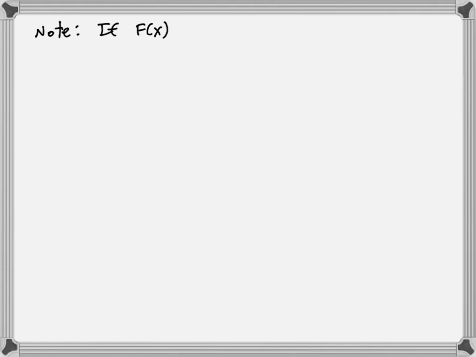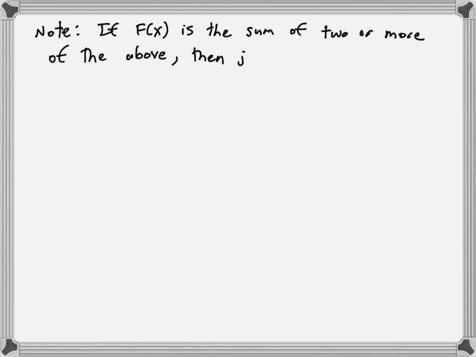So if capital F of X is the sum of two or more of the above, then just multiply all necessary annihilators.